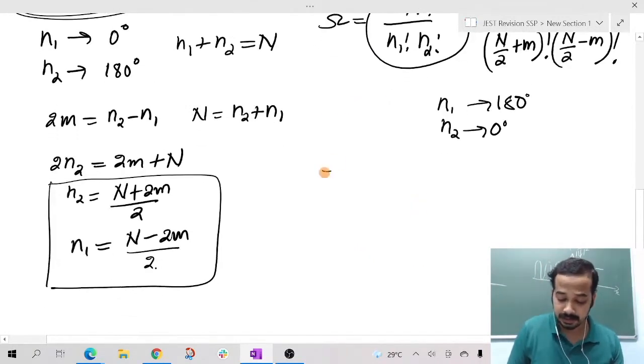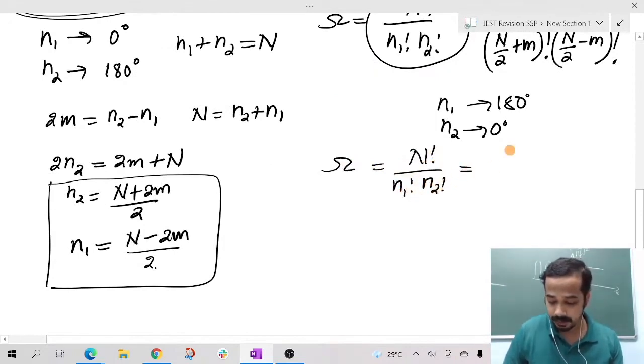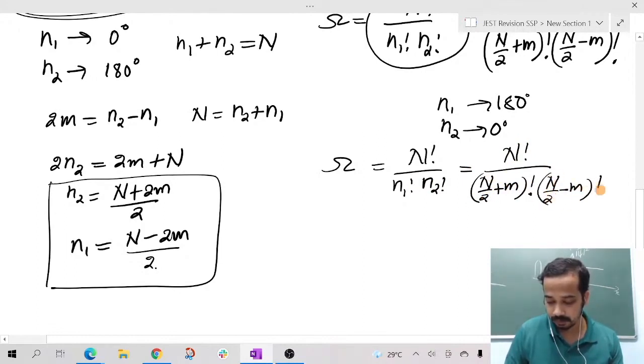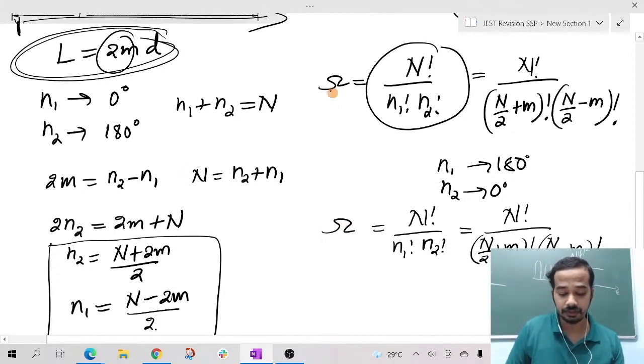There are exactly similar number of possible ways: n factorial divided by n1 factorial n2 factorial, that means n factorial divided by n by 2 plus m factorial, n by 2 minus m factorial. So again there are exactly similar possible ways of getting the same length. That's why you need to add these two together.